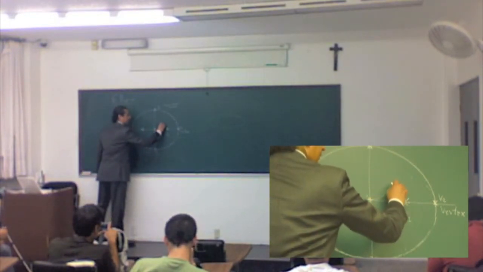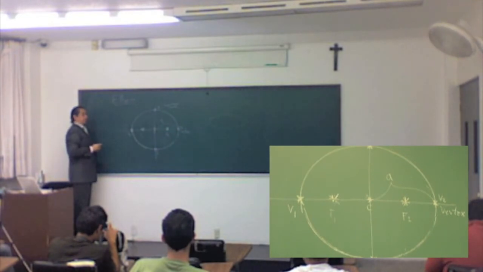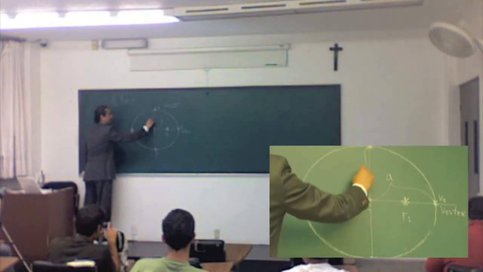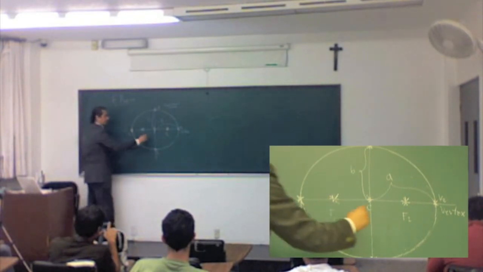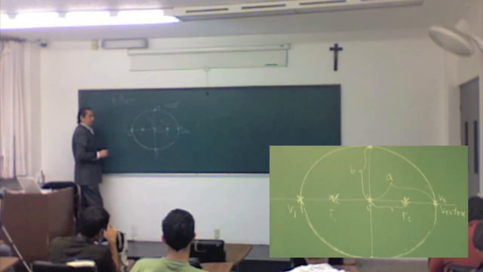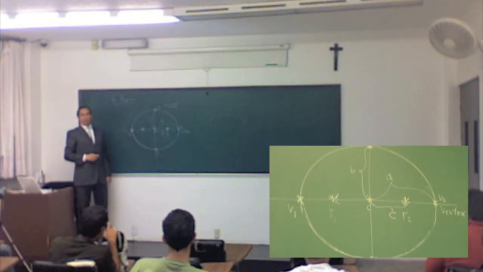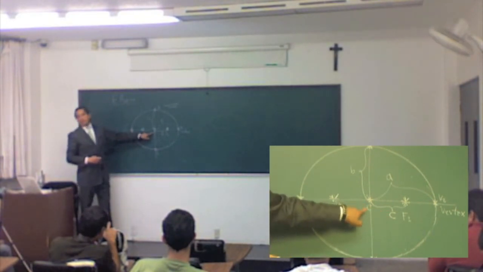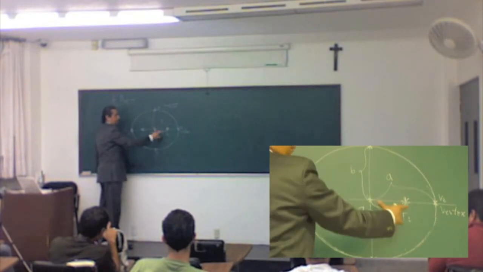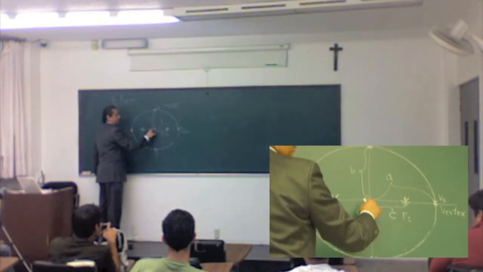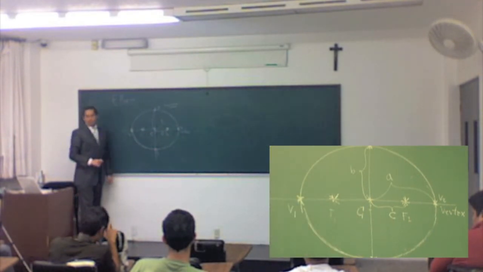The distance between the center and the vertex we will call A. The distance between the center and the transversal vertex we will call B. The distance between the center and the focus we will call C. Distance, distance, distance; point, point, point. Okay?